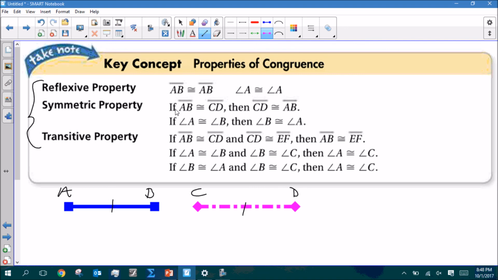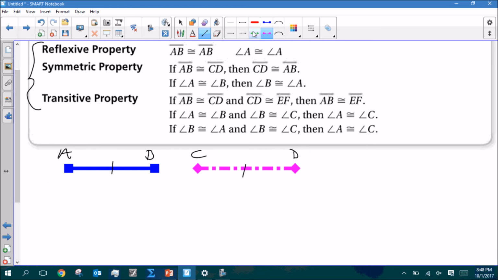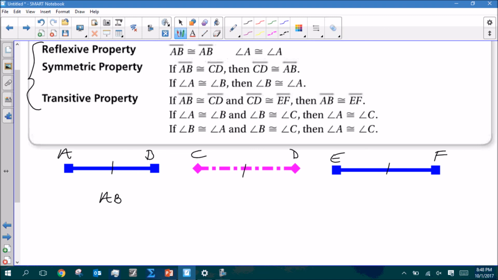Okay, and then we got the transitive property. The transitive property just says if I've got, let's say, just deal with segments. Okay, so I go back to A, B, C, D, and now I'll bring in E, F. If I've got these three segments that are congruent, the arguments are stated that AB is congruent to CD, okay, and CD is congruent to EF.